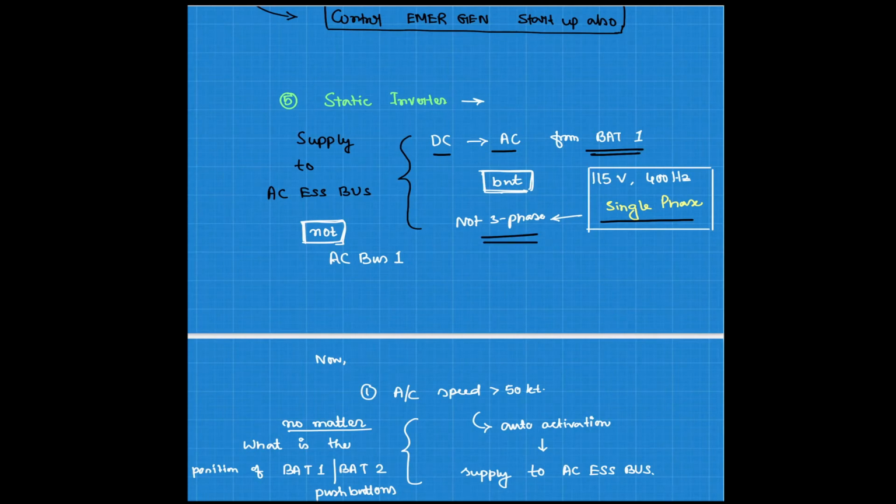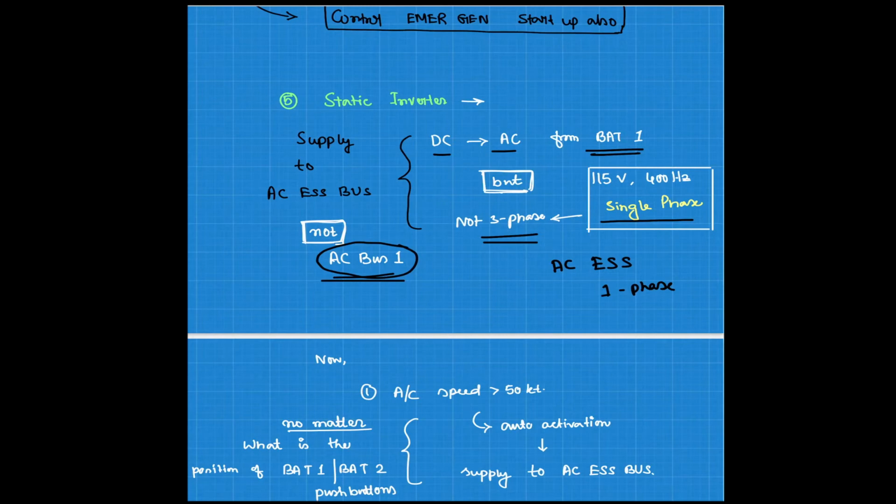So for the AC essential bus, it supplies only a single phase. Okay, not a three phase. So this is enough to drive all the essential components in the aircraft. So it's applied to the essential bus, not to AC bus 1. Okay, remember one thing, that this does not supply AC bus 1, it only supplies the AC essential bus only.